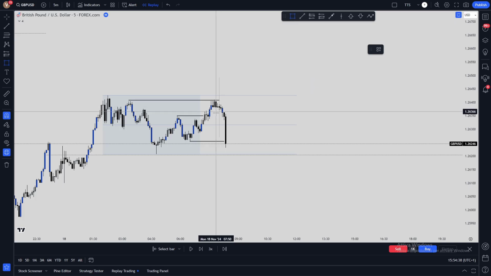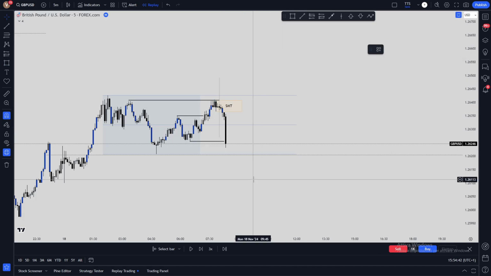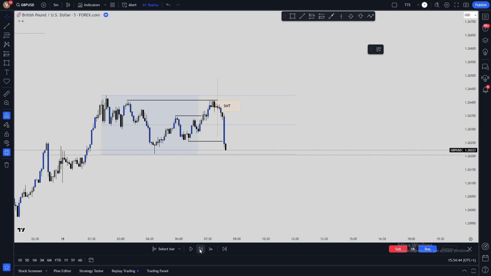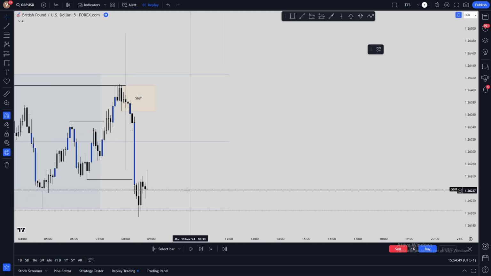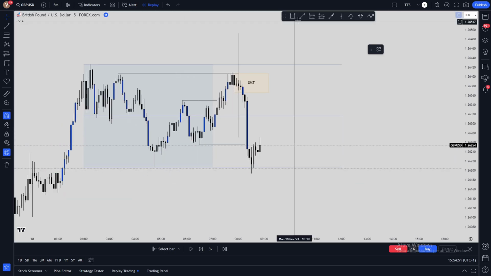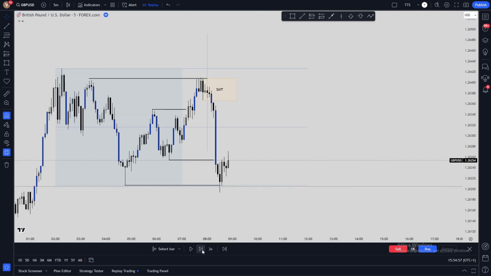So now I have set my SMT level. And as you can see, now price also induces the Asia low. So very beautiful at this point.